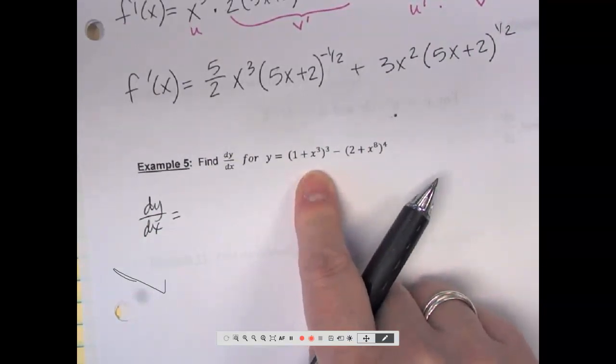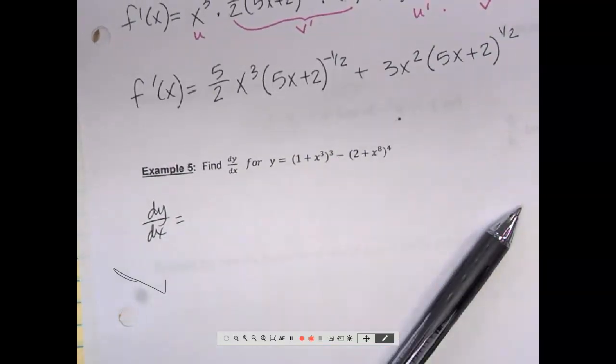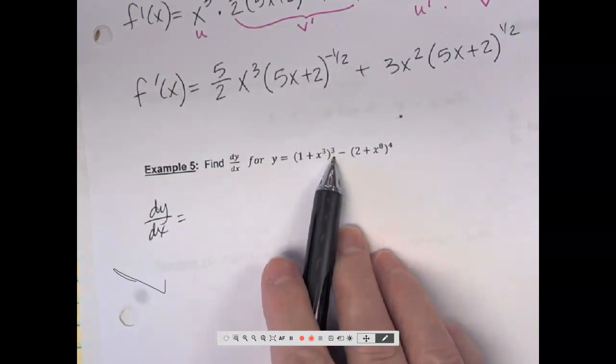Okay, I could distribute. That's an option. But I'd be multiplying 1 plus x cubed times 1 plus x cubed times 1 plus x cubed, and I'd have to do all that distributing, then take the derivative. I'd rather not, but that is an option. Okay, what's my other option? What would I do with an exponent of 3?